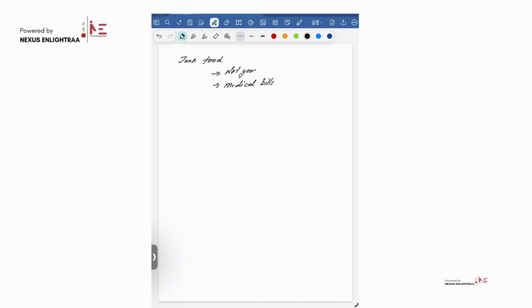Not good for cognitive growth, right? Now, see, you have given two reasons. This is reason one, and this is reason two. Now, this will come in para one, and this will come in para two.